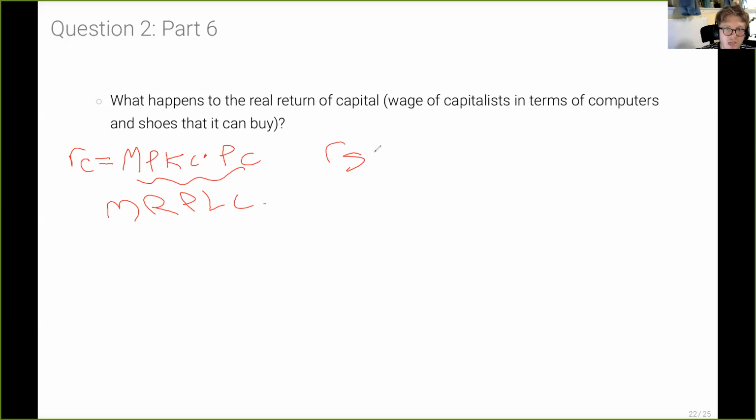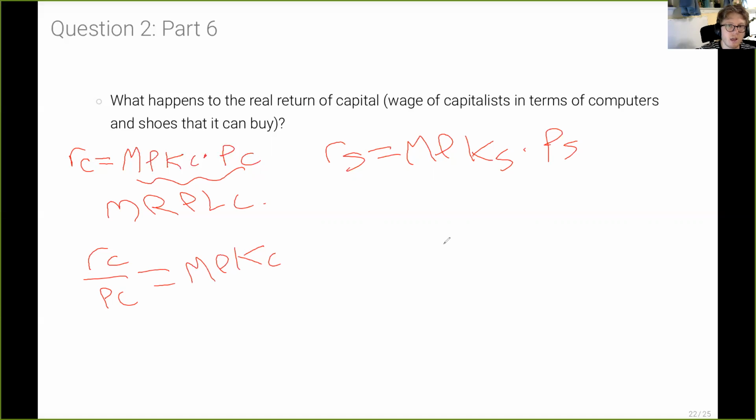Likewise, if capital is being employed in the shoe industry, it also must be paid its marginal revenue product in that industry, which is just equal to MPKS times PS. All this is to say that if we divide by PC on both sides of this equation, we'll get that RC over PC is equal to MPKC, and RS over PS is equal to MPKS.